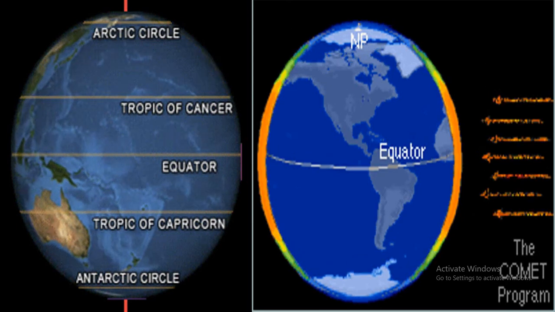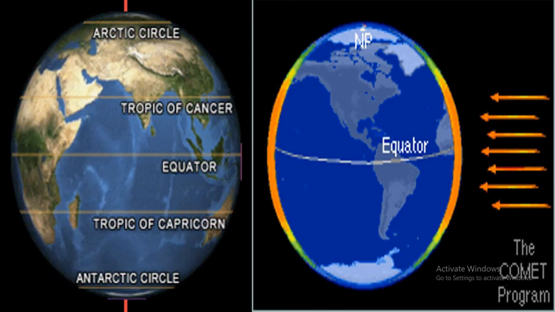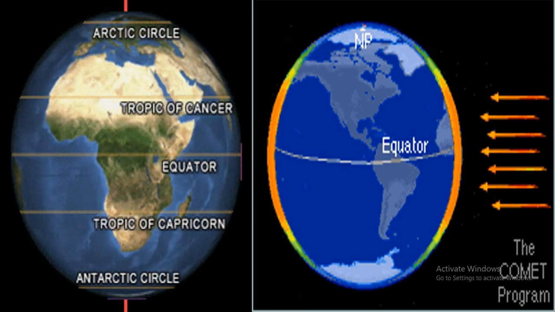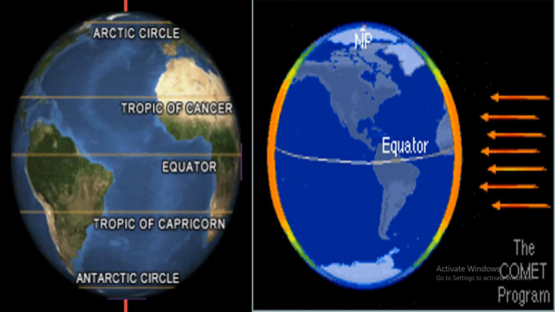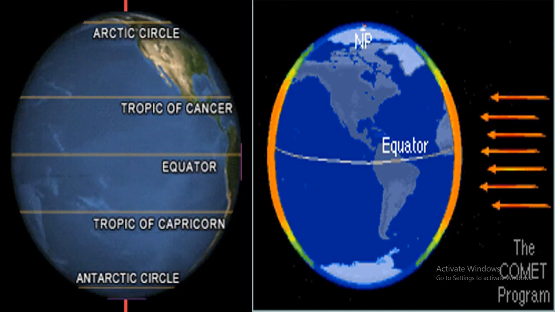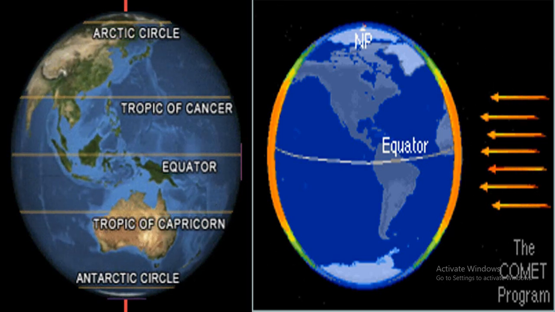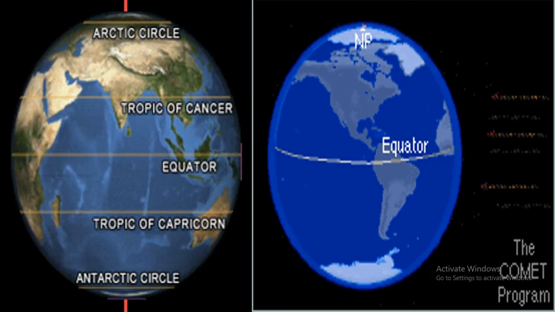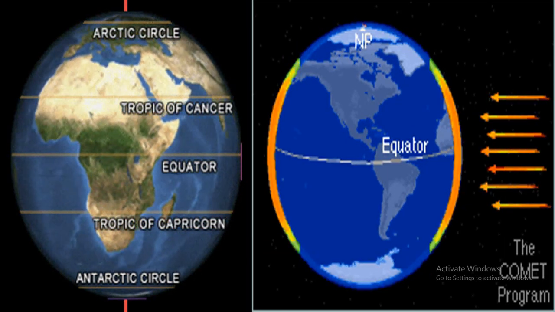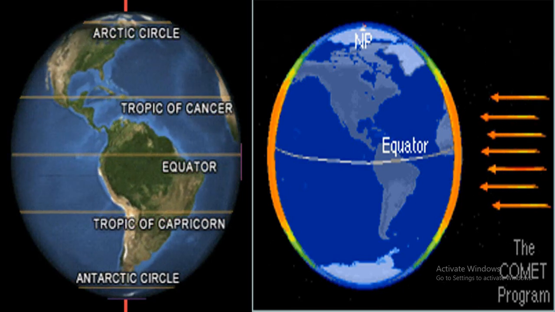Thus, places near the equator are warmer than places away from the equator. You can see on the globe that all the areas that come close to the equator are very hot in that zone, whereas the places away from the equator are cool.